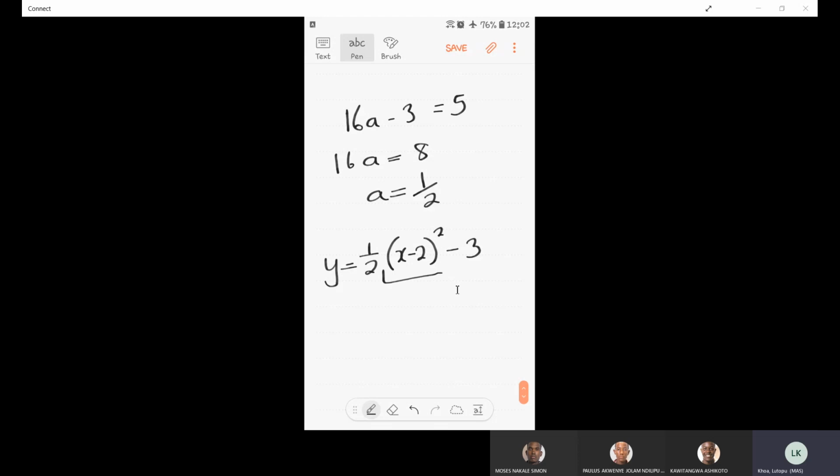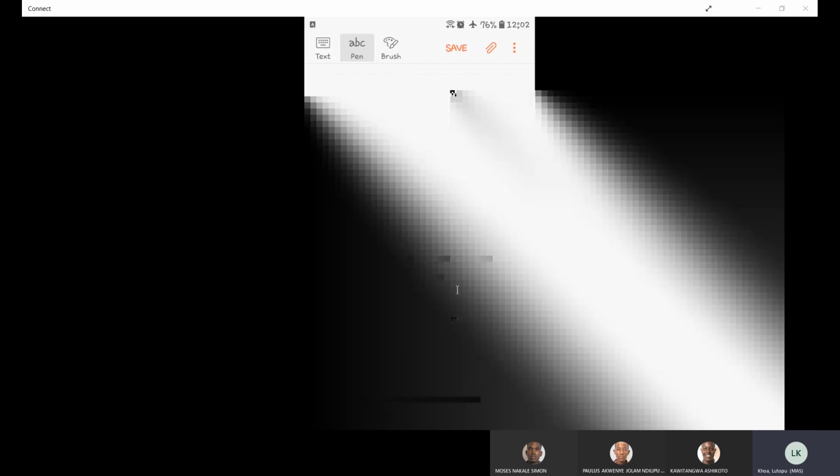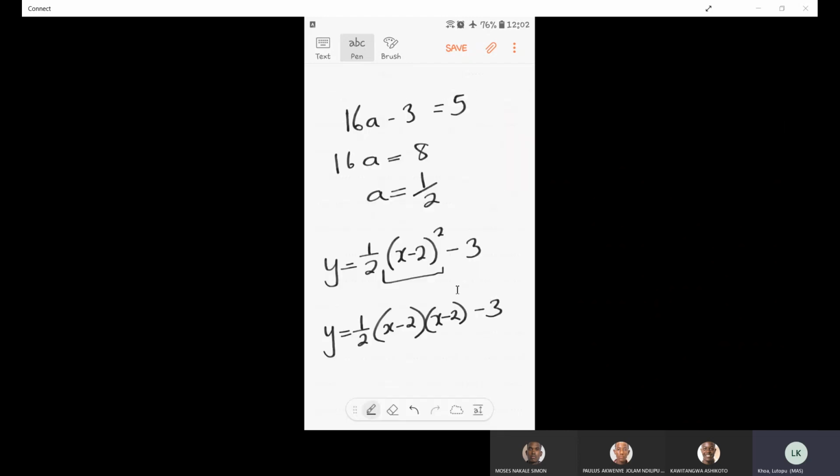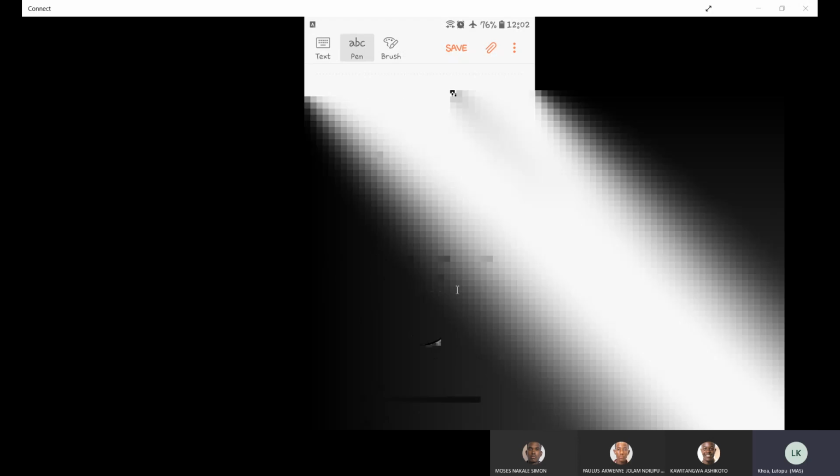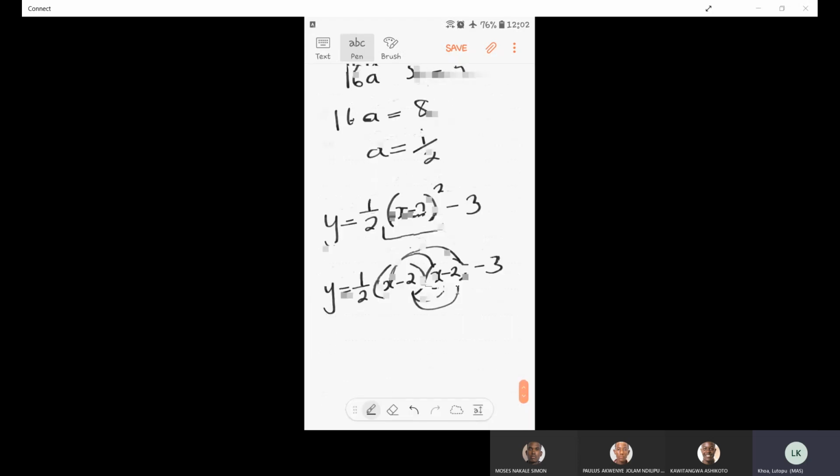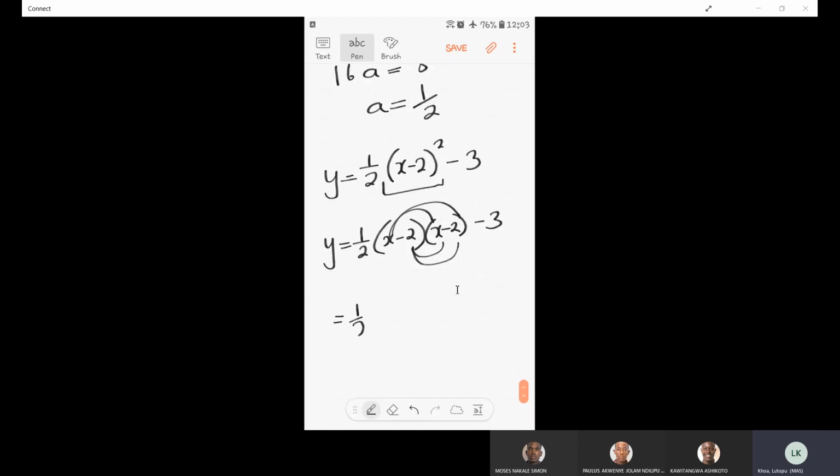So expand this bracket. You know how to square. So this is half times x minus 2 times x minus 2, minus 3. Then you know how to multiply. So this is half, and I'll end up with x squared minus 4x plus 4, minus 3.